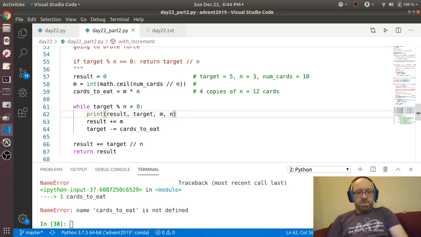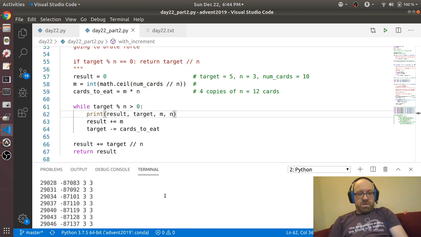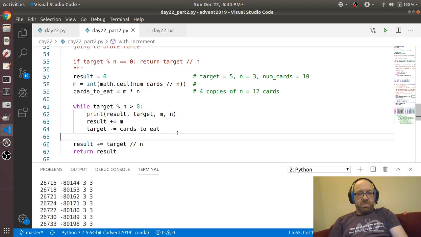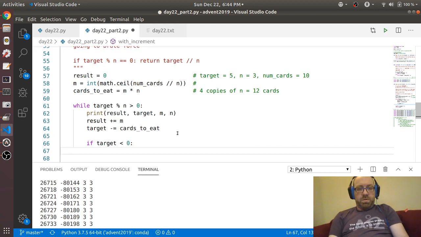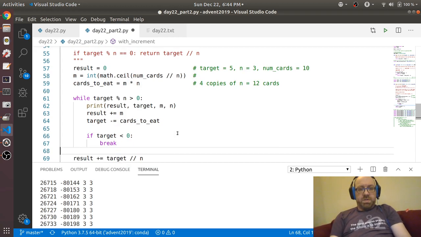mn. So why did I get an infinite loop here? I got in an infinite loop because target is negative. If target is less than 0, let's say break.